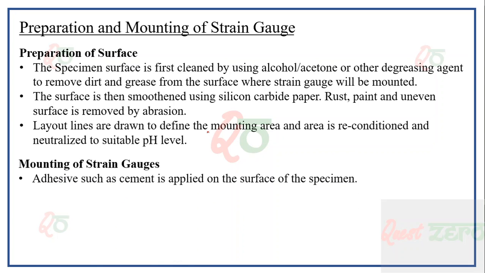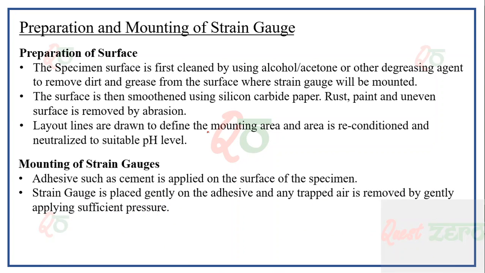So how do you mount the strain gauges? The adhesive should be applied on the surface of the specimen, and the strain gauge must be gently placed on the adhesive.